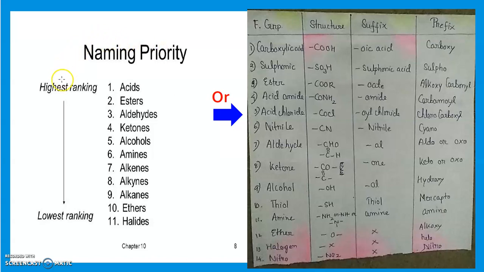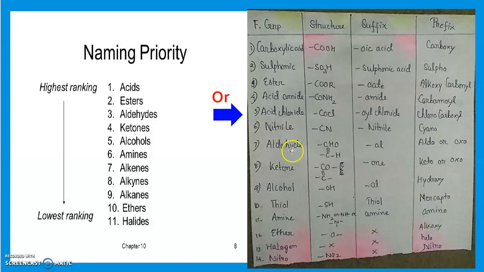For naming priority, from highest ranking to lowest ranking, I give it to you. To make it easier, you can use the left side or the right side. The right side I found on Google, and it works too. From highest: carboxylic acid, C-OH, sulfonic acid, ester, C-OOR, acid amide, C-ONH2, acid chloride, nitrile, aldehyde, ketone.